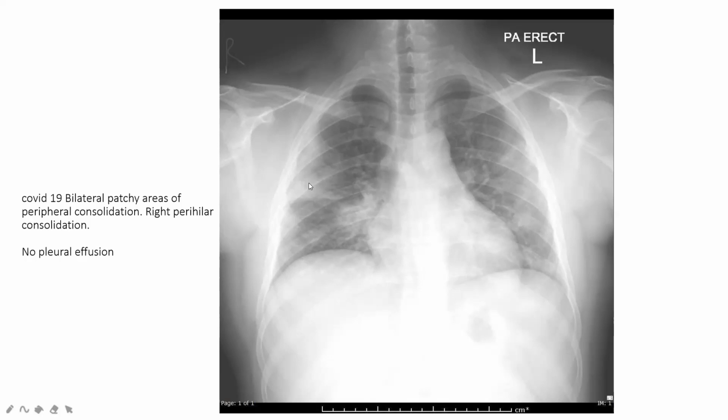So they're not as white as consolidation. You can see some vasculature, some lung markings in between them. In the case of COVID-19, as I said, they usually start peripherally, and later on during the course of illness, they can turn into consolidations.